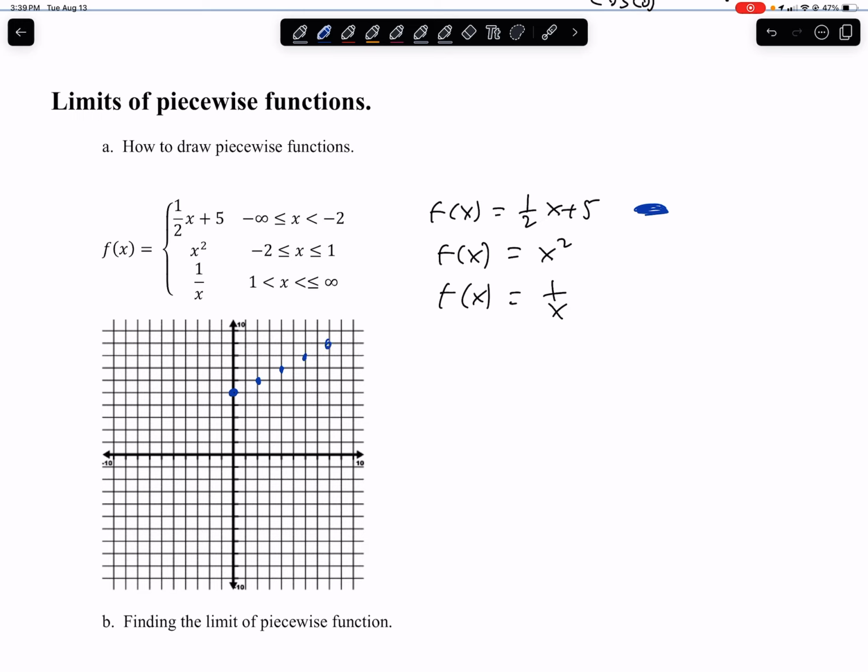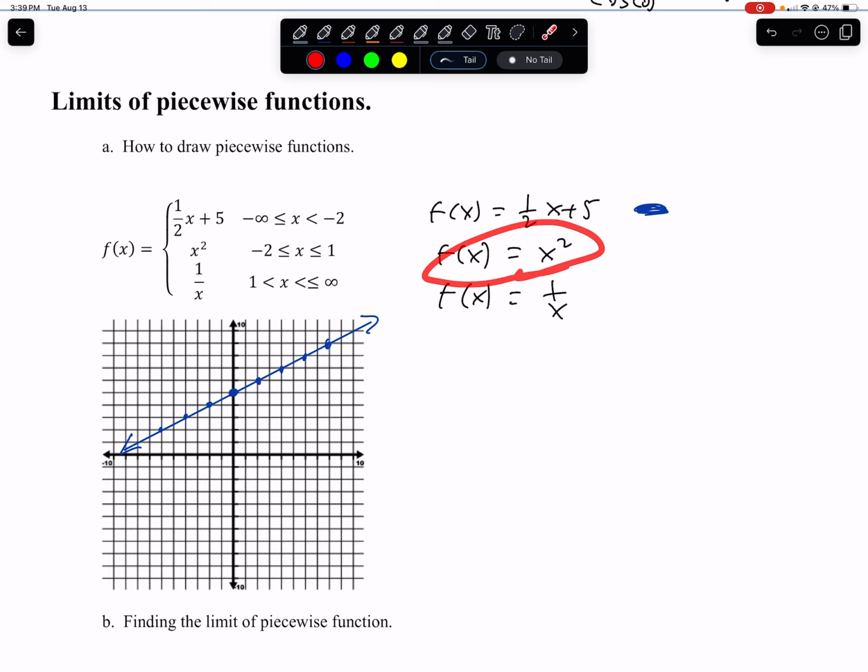And we're going to get something like this. I'll try to draw a line that goes through all those points. Pretty close. Not perfect, but there is this first function.